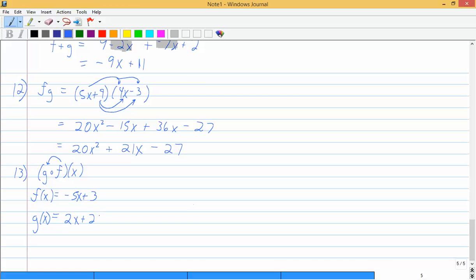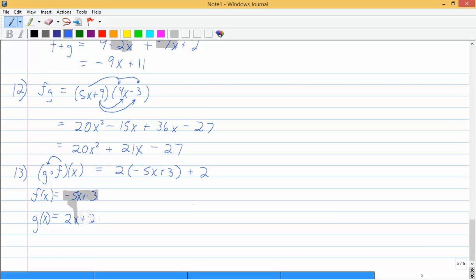So what I'm going to do is take this f function, and in parentheses plug it in right here in the g. So that's going to be 2 times negative 5x plus 3 plus 2.